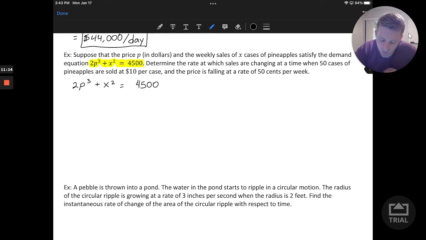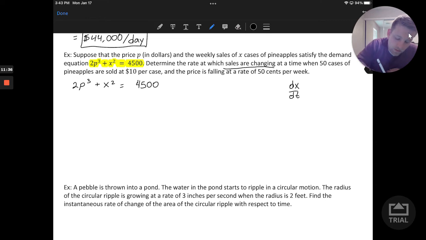So we would like to go out and find the rate at which sales are changing. So if I consider that variable, well, the sales is represented by the number of cases we sell. So that rate we could represent as dx/dt.